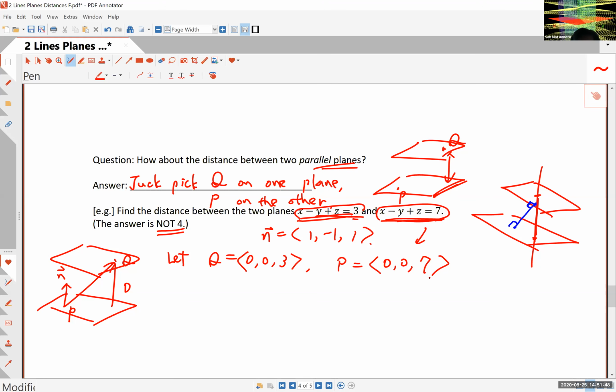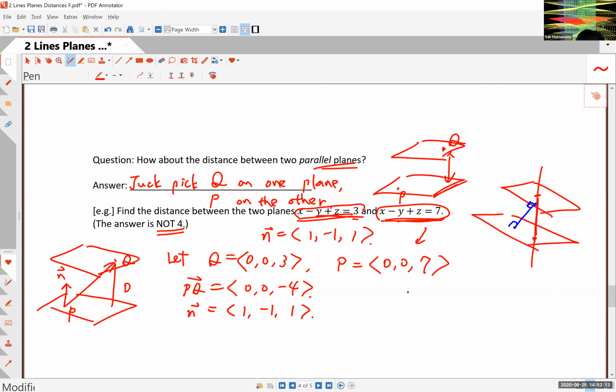Yes, because 0, 0, 7 does satisfy the second equation. So 0, 0, 7 and 0, 0, 3. What's going to happen here? Well, PQ is 0, 0, negative 4, and I already told you N is 1, negative 1, 1.